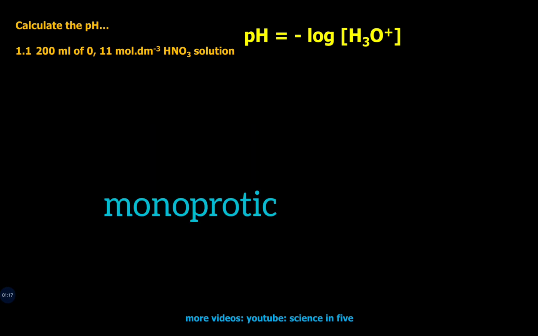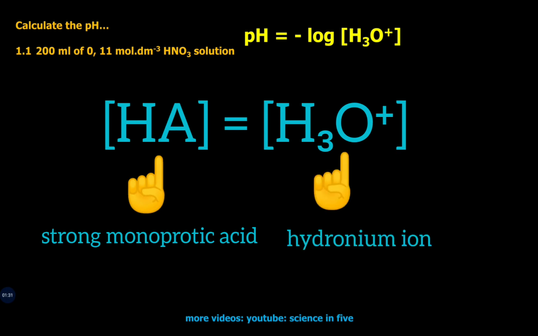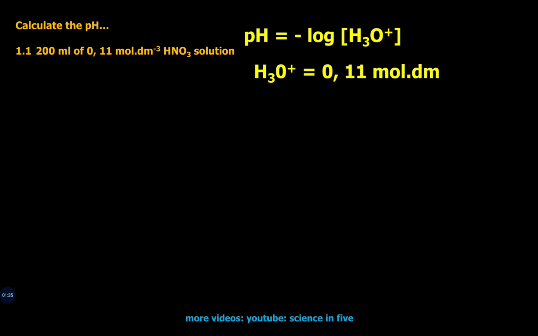In the previous video, when we were writing ionization equations, we said a strong monoprotic acid will have the concentration of hydronium ions equal to the concentration of the acid. Okay, so we can see that the concentration of hydronium ions will be 0.11 moles per decimeter cubed.